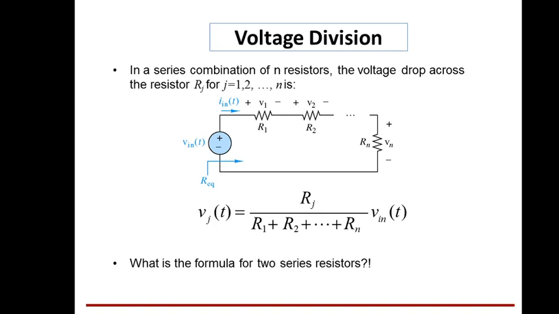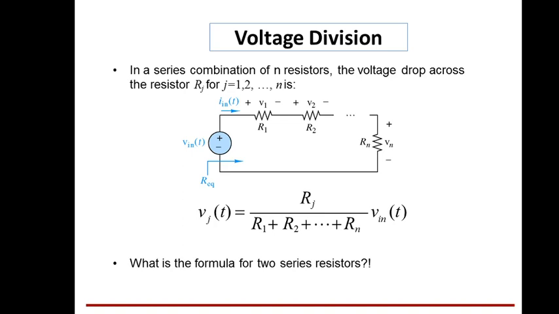So if you find V in by R equivalent, you will get only I n, and I n into R1 is R1 into V in by R equivalent, where R equivalent is R1 plus R2 and so on.